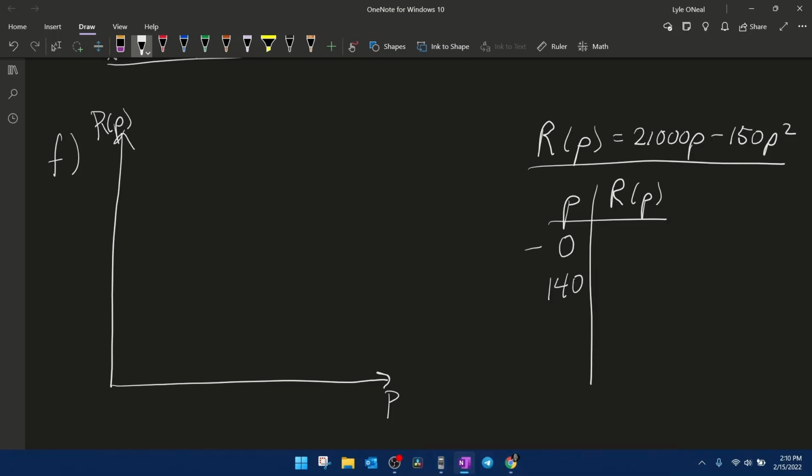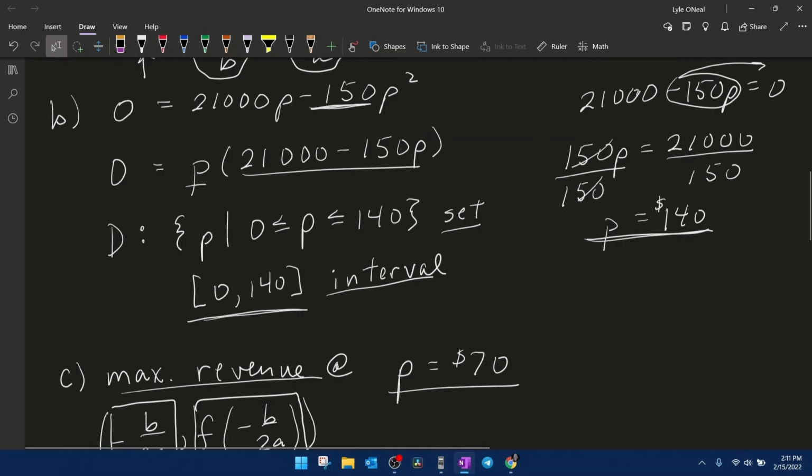So for the first value of P, if I replace both P's with 0, that's obviously going to give a 0 because every term has a P, which is going to give us a point at the origin. And then if I plug in 140 for P, remember back up here where we did this work?